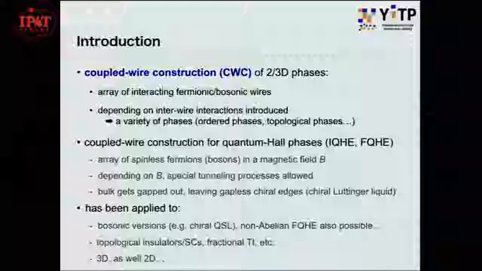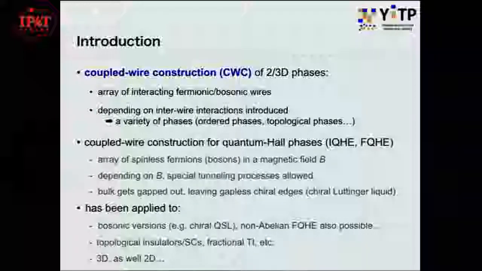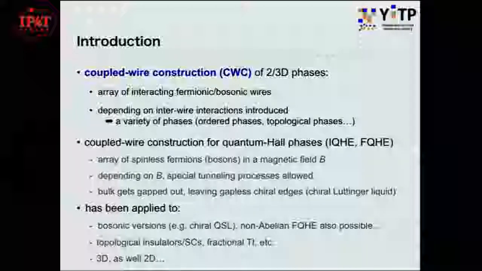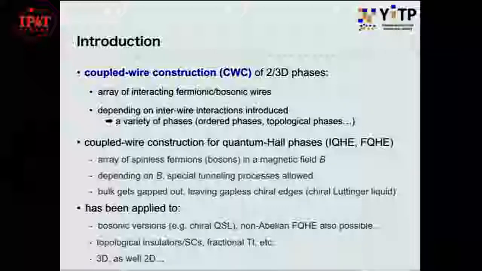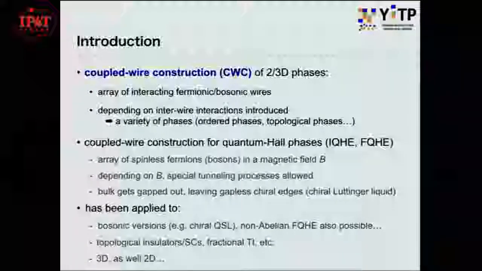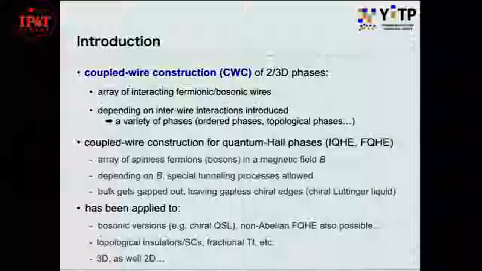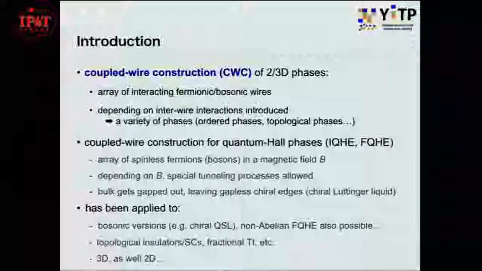Depending on the inter-wire interaction, which is designed for topological phases, we have a variety of phases. Some of them are conventional ordered phases like superconductivity or charge density wave, but sometimes we get highly non-trivial topological phases. That includes both symmetry protected ones and long-range entangled ones.